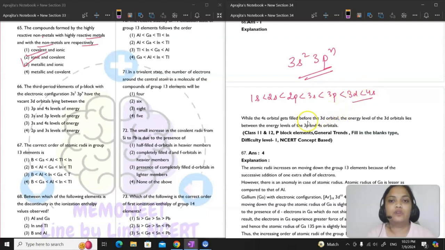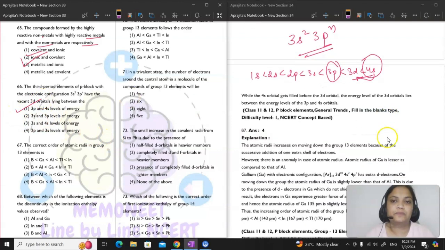Obviously the 4s orbitals get filled before the 3d orbitals, but the energy of the 3d orbitals lies between 3p and 4s. So the answer is option number 1.